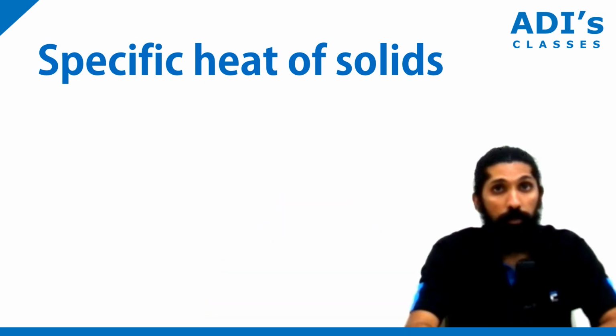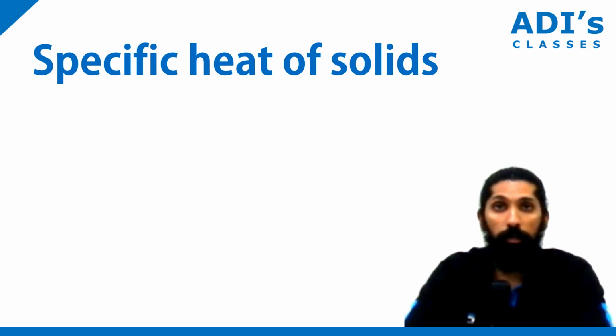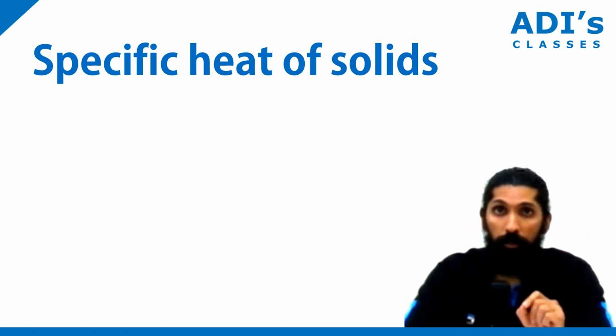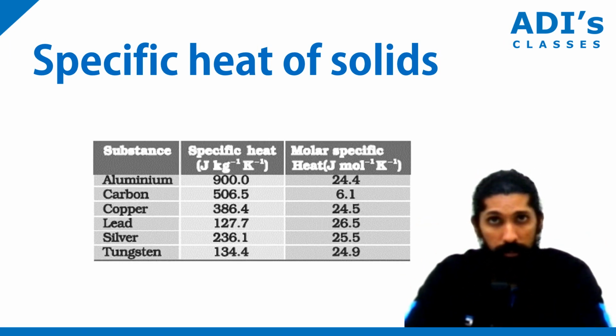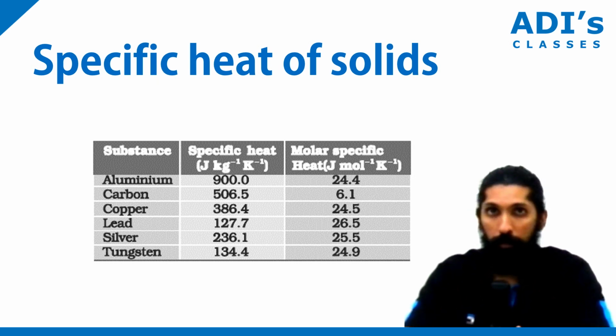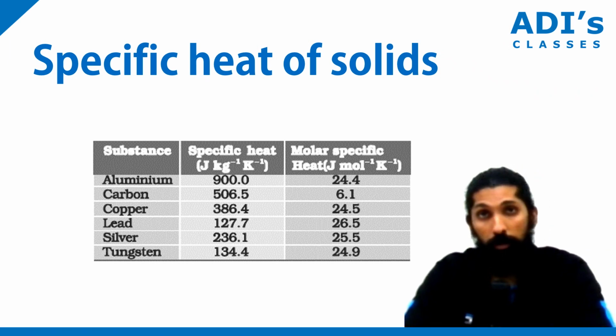So C is equal to delta Q divided by delta T, which is equal to delta U by delta T, which is 3R. Now, this is approximately true for almost everything except carbon, which you will see in the table. It's pretty much the same except for carbon. So, this is the specific heat capacity for solids.